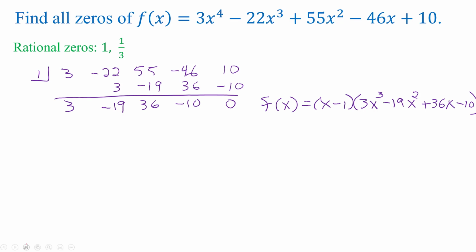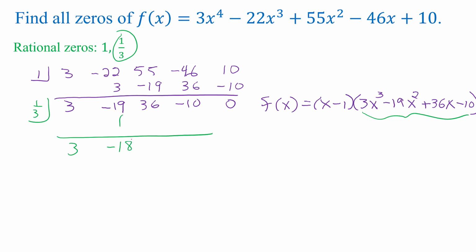Let's move on and use synthetic division with our rational zero of 1/3. Notice that we're now looking at this polynomial factor, and we're going to divide that polynomial factor by x minus 1/3. So we'll put 1/3 in brackets here. We bring down the 3.